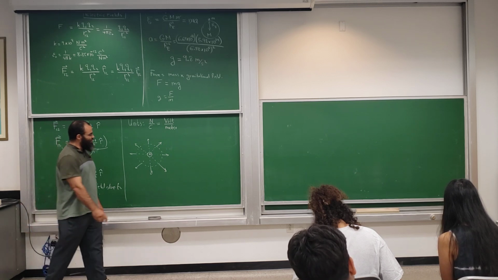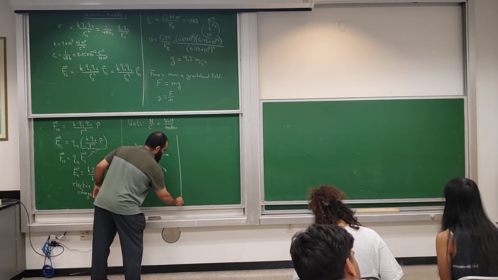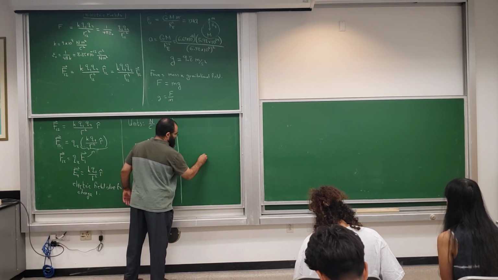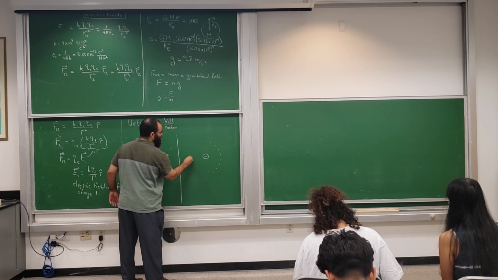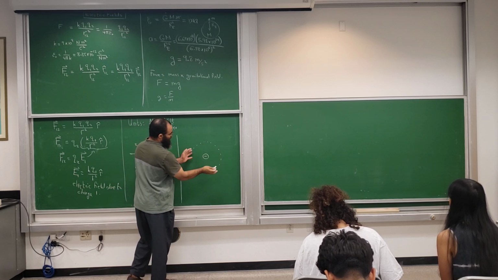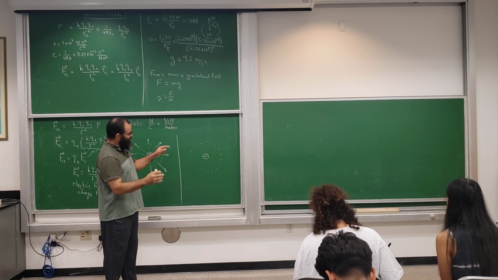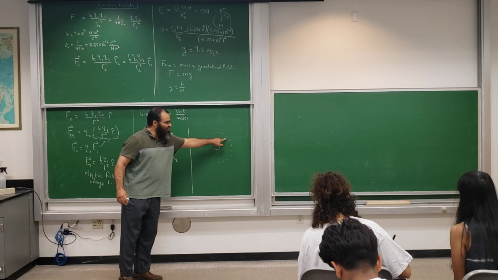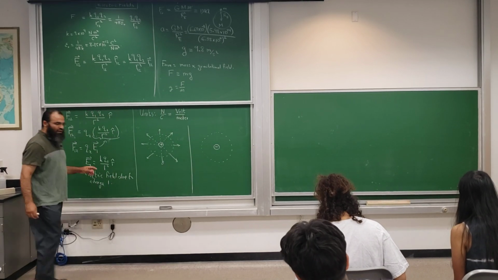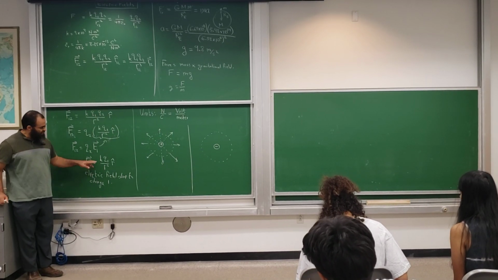Let's see what happens if you have a minus charge. Here's a negative charge now. Let's say we're a certain distance away from it. I always draw a sphere because a sphere would have a fixed radius. So here it's the distance r, here it's the distance r, here it's the distance r. So now, let's think about what happens to the direction.